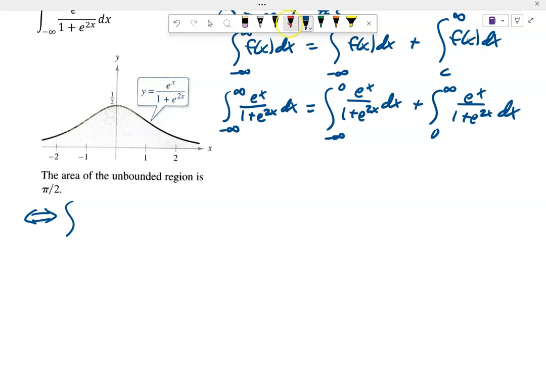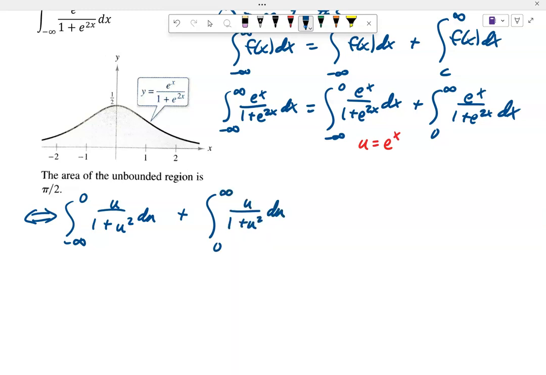If I think about u being e to the x, then what I would have is negative infinity to 0 of u over 1 plus u squared. And over here I'd have u over 1 plus u squared, right?